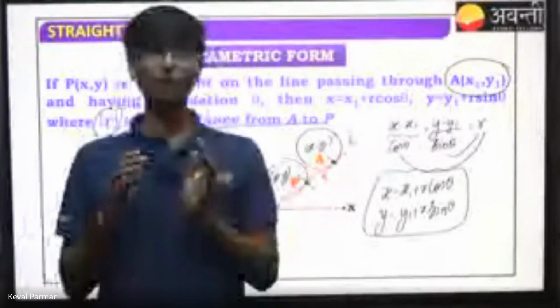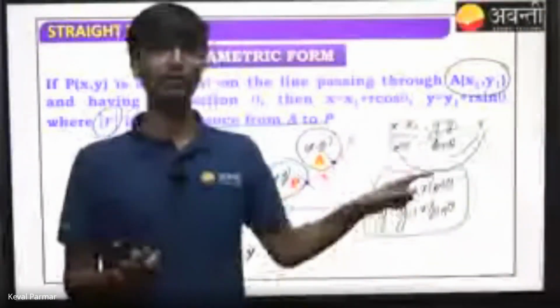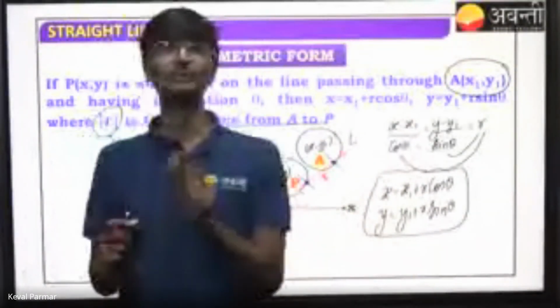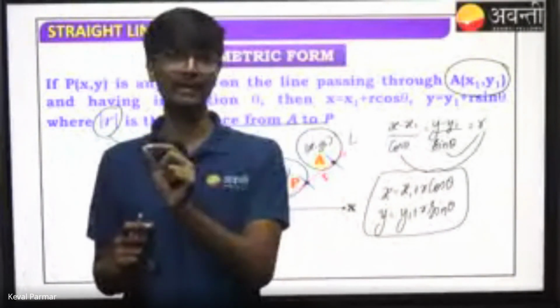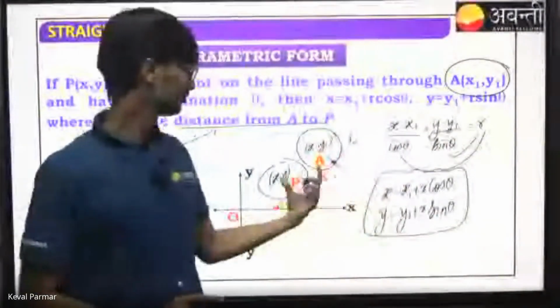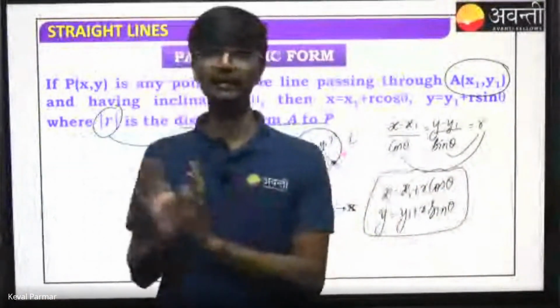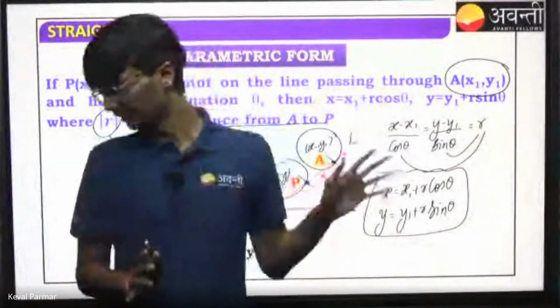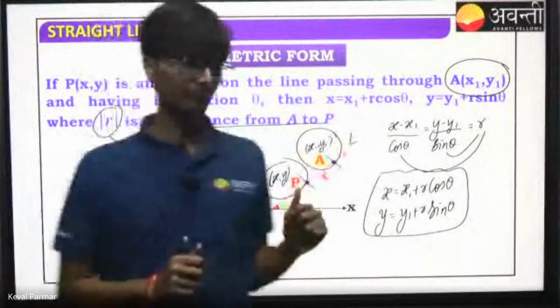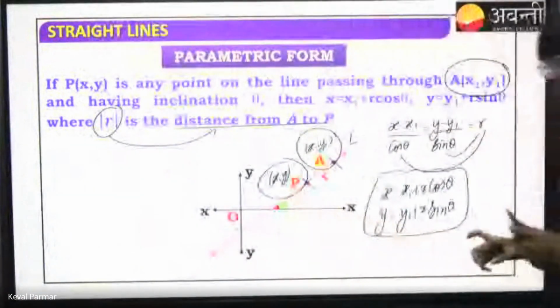If I want to find any random point on this line and I know the inclination of that line and the distance of that point from the fixed point A, then I can get that point. So this is basically the parametric form of the equation of a line.